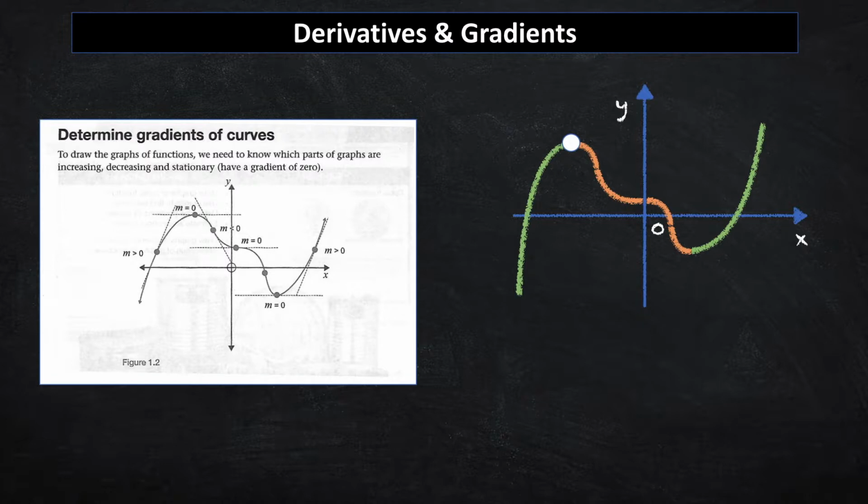So the gradient is 0 in all the points where a function changes from increasing to decreasing and vice versa. But the gradient is also 0, for example, in this point, where the curve is almost flat and parallel to the x-axis. So in general, all the points of a curve where the tangent is a line that is parallel to the x-axis have a gradient equal to 0.